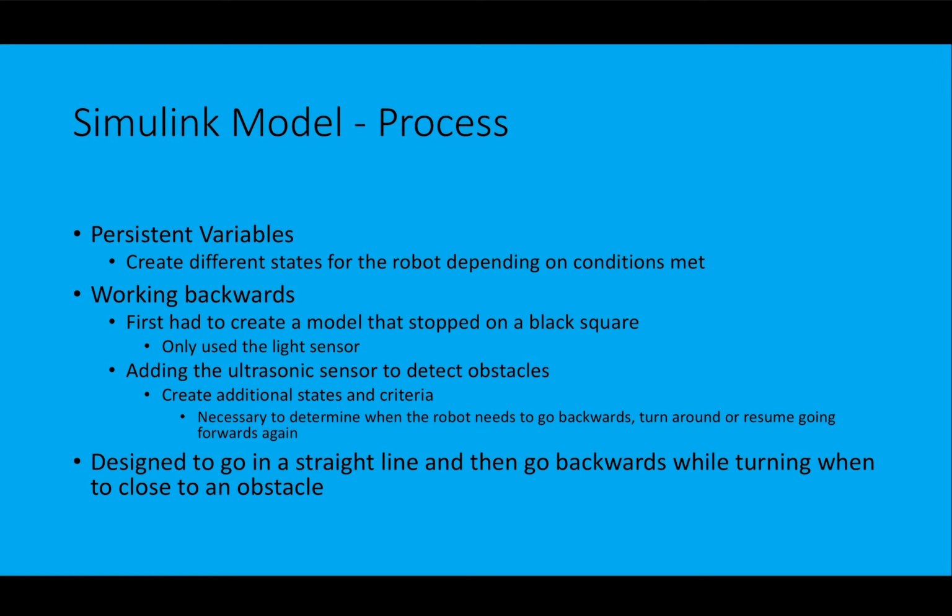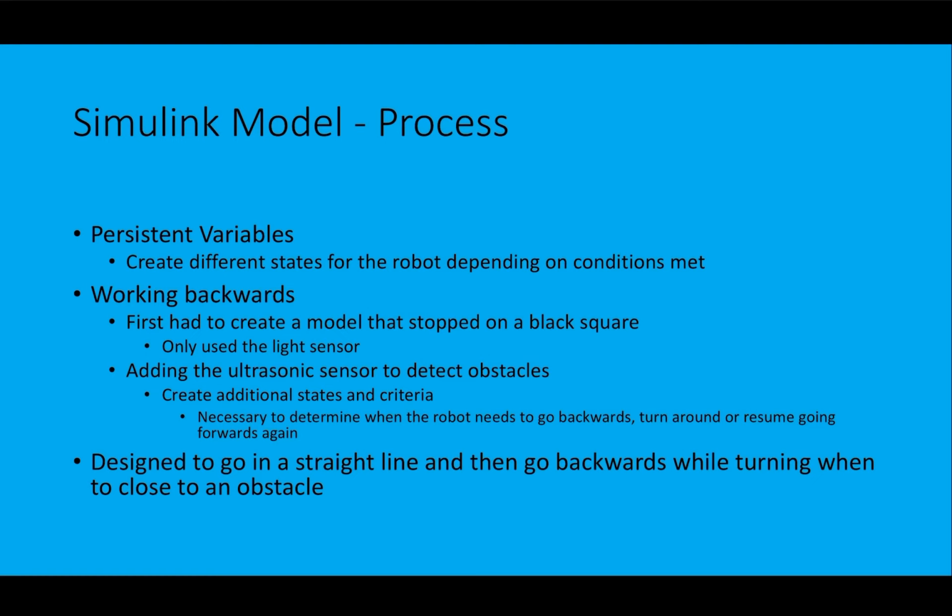And then after that, I added in different states where the ultrasonic sensor was detecting obstacles, and if an obstacle is within a certain range, the robot would go to a different state, turn around, spin.